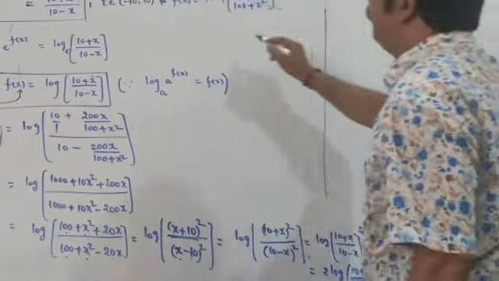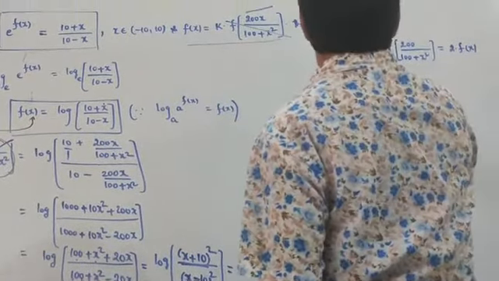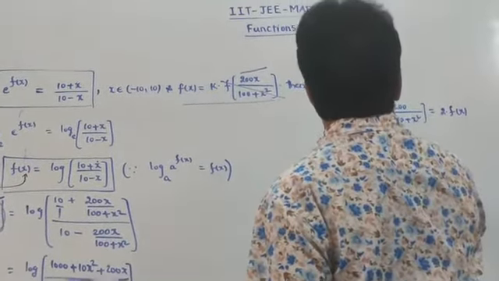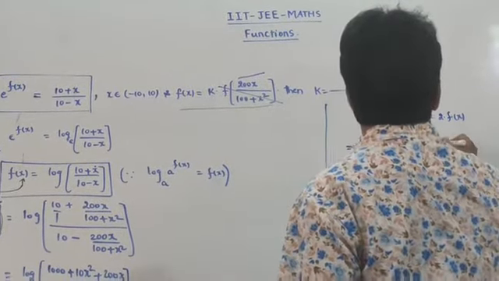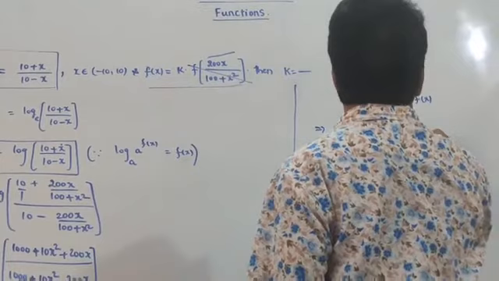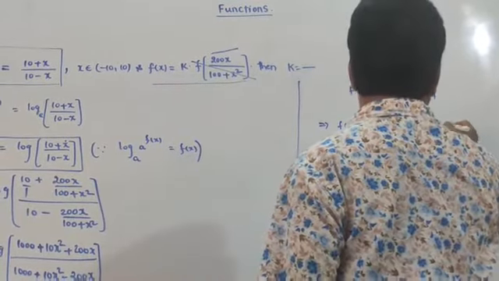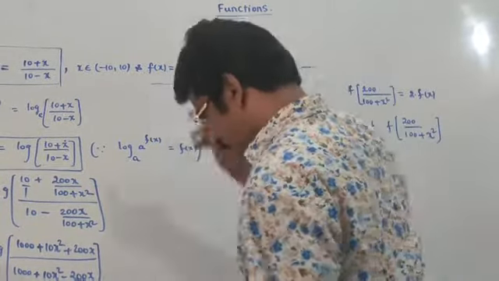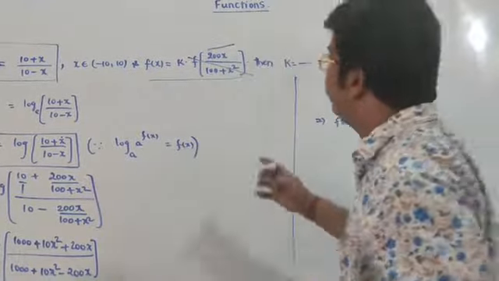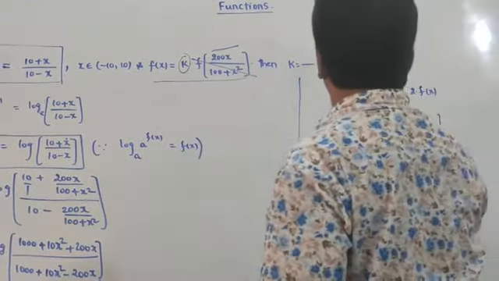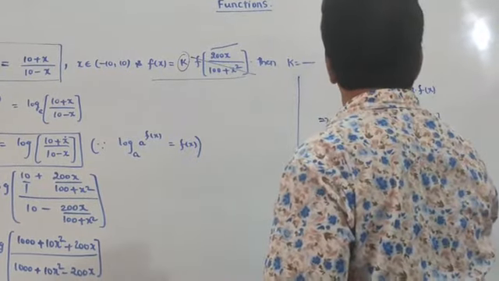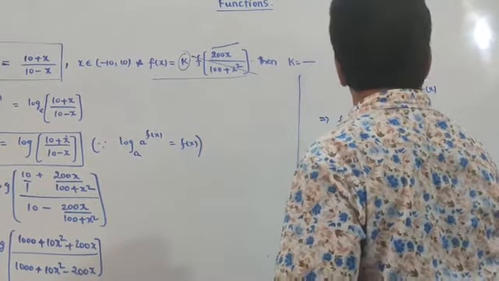So compare with the given statement. It follows that f of x equals half into f of 200x divided by 100 plus x square. Therefore on comparison k is equal to 1 by 2, that is equal to 0.5.